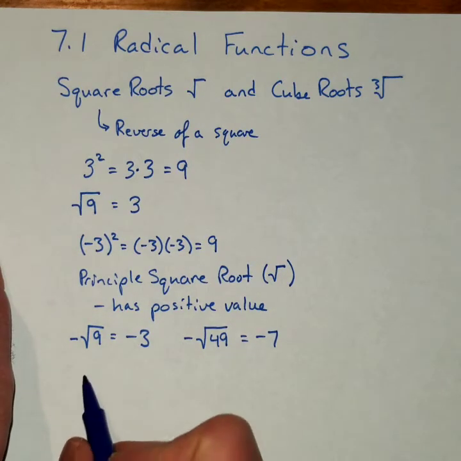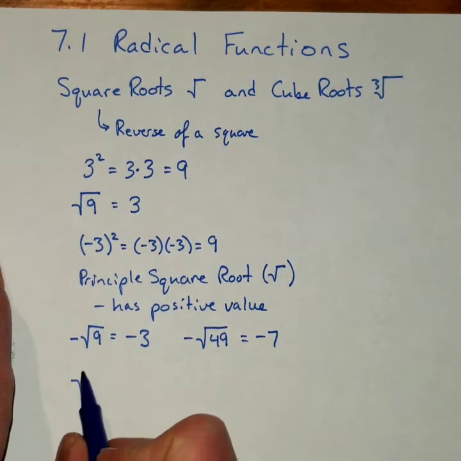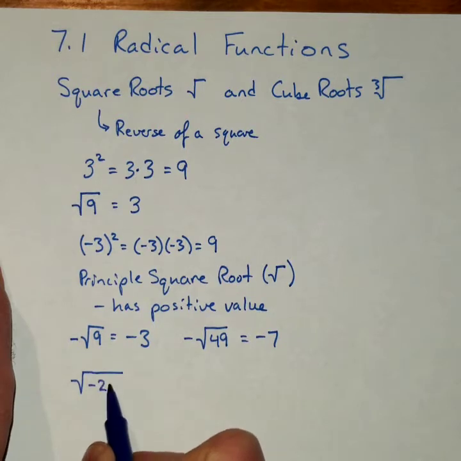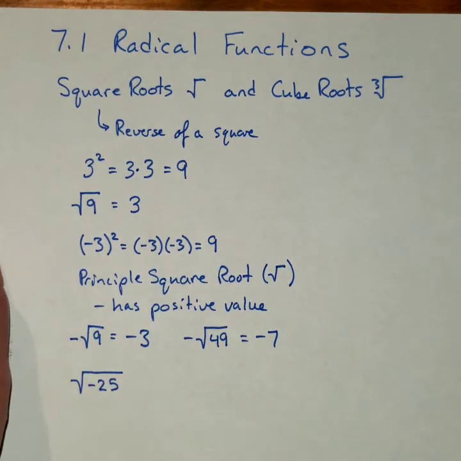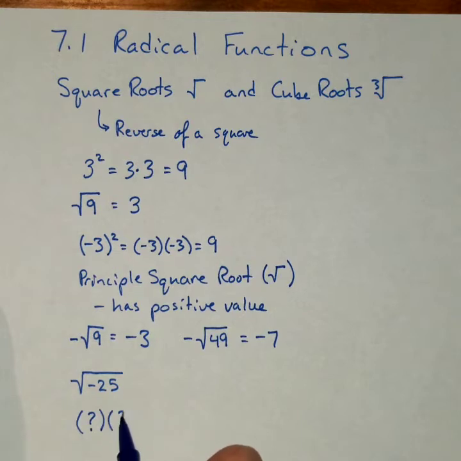What's interesting is if you take the square root of a negative number, like negative 25, again, you're looking for the number whose square is negative 25. So the question is, what number times itself would equal negative 25?